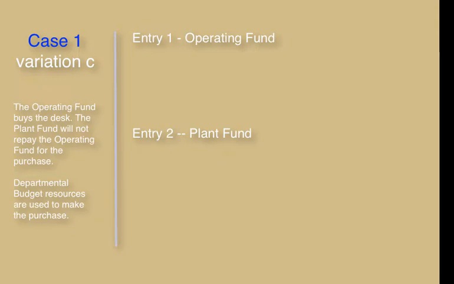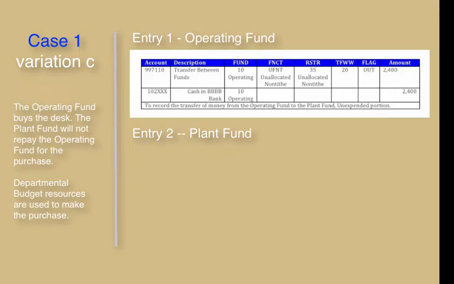For the entry on the operating fund side of this transaction, we're going to debit account 997110, our familiar transfer between funds account. The analysis that needs to be attached here is Fund 10 for operating. The function and restriction will depend on the classification of the department. It will either be unallocated non-tithe or it will be unallocated tithe, depending on the department.